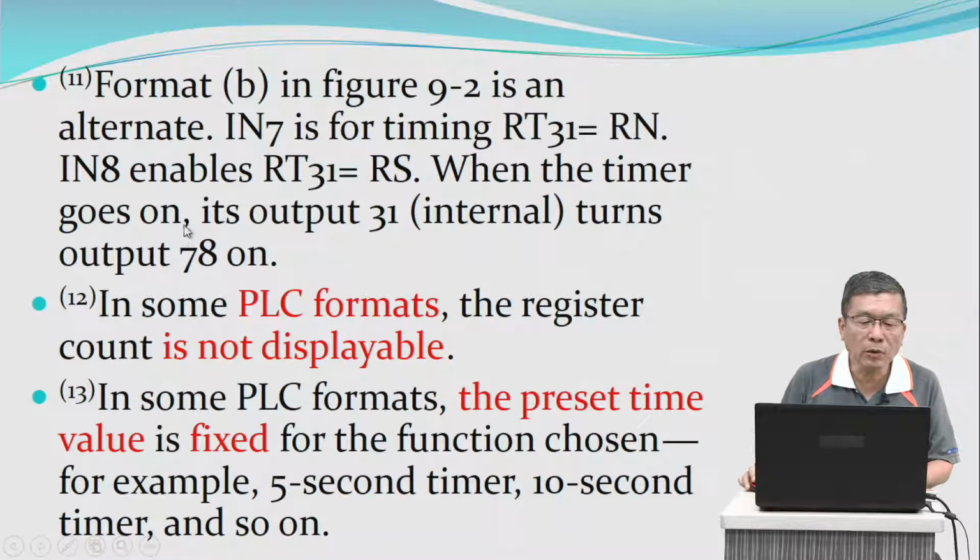When the timer goes on, its output 31 internal turns output 38 on. In some PLC formats, the register count is not displayable. In some PLC formats, the preset time value is fixed for the function chosen, for example a 5-second timer, 10-second timer, and so on.